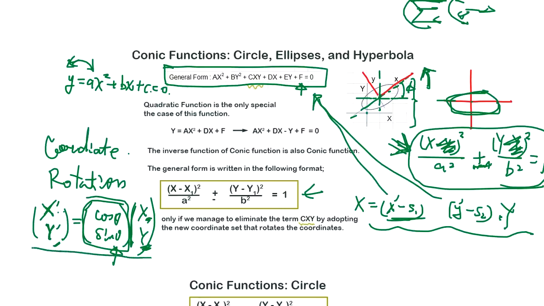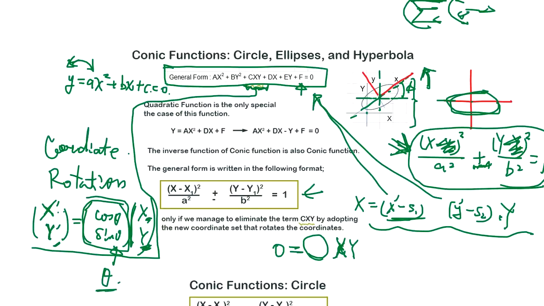Why is this good? Once you do that, you eliminate the cxy interactive term. So how do you eliminate it? You substitute this equation, and the cxy coefficient is set to 0, and that's the value you choose. This is an algebra issue.